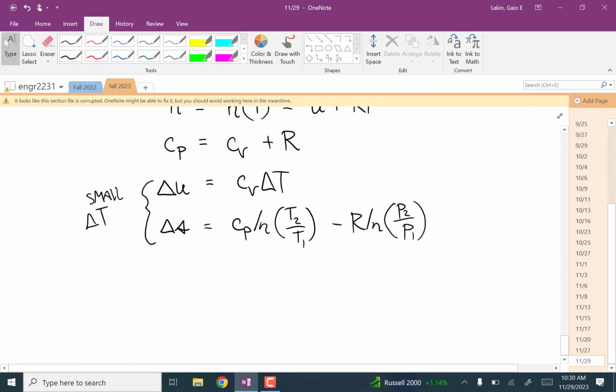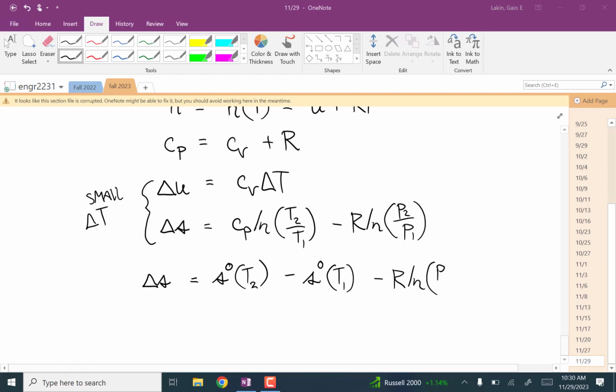And then if you have a large change in temperature, the change in specific entropy is equal to S super zero of T2 minus S super zero of T1, minus R times the natural log of P2 over P1. This is more accurate if you have a large change in temperature. And where do you get those S super zeros? Yeah, in the ideal gas tables.